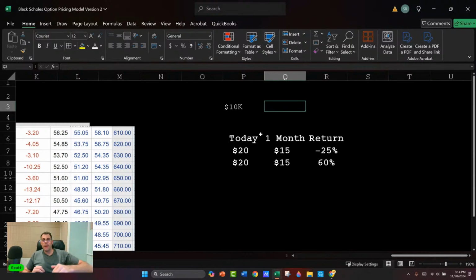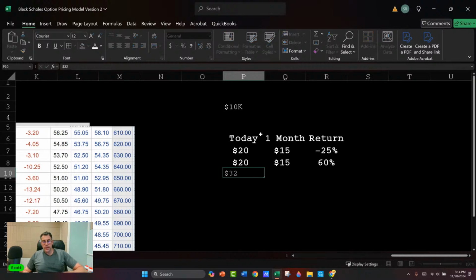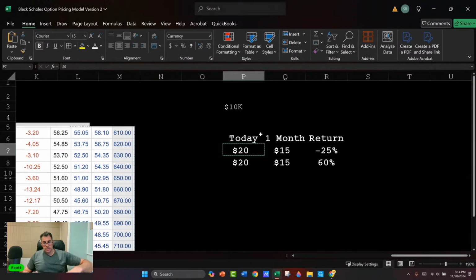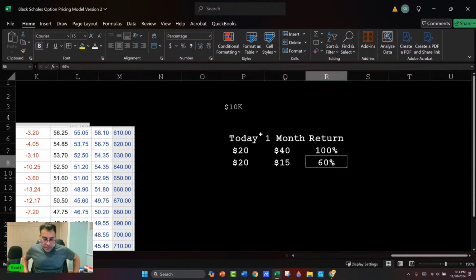Even if it comes right back down, like a $20 stock, if it goes to 40, say in a month, on a regular investment, you double your money, right? But with options, you could like 5x your money or 6x your money. But a lot of it is the volatility too.